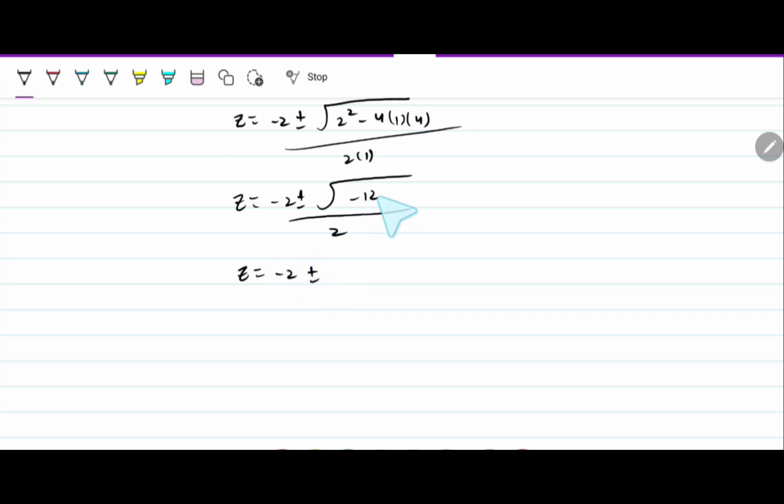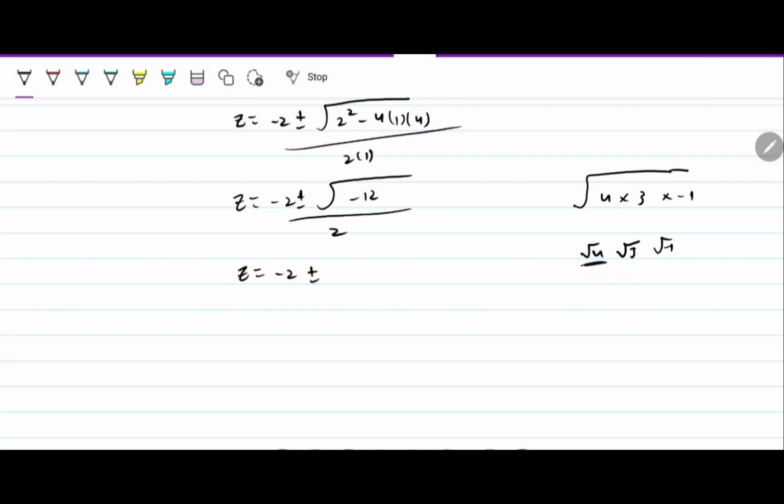Now, I can express minus 12 as the product of what? Let me see. 3 and 4 and minus 1. Right? And I can break this up. So I have, let me just bring the 4 in front. 4 times 3. I can break this up. So I'll have root 4 by root 3 by the root of minus 1.